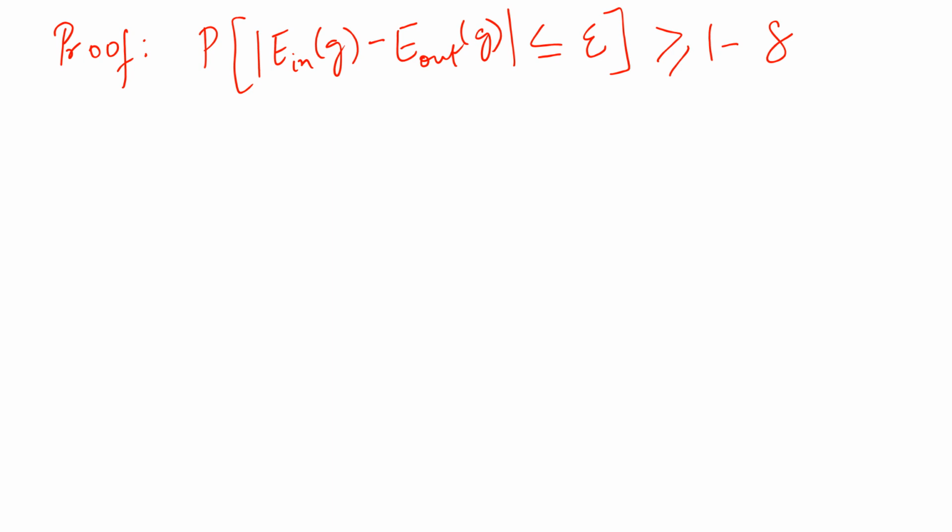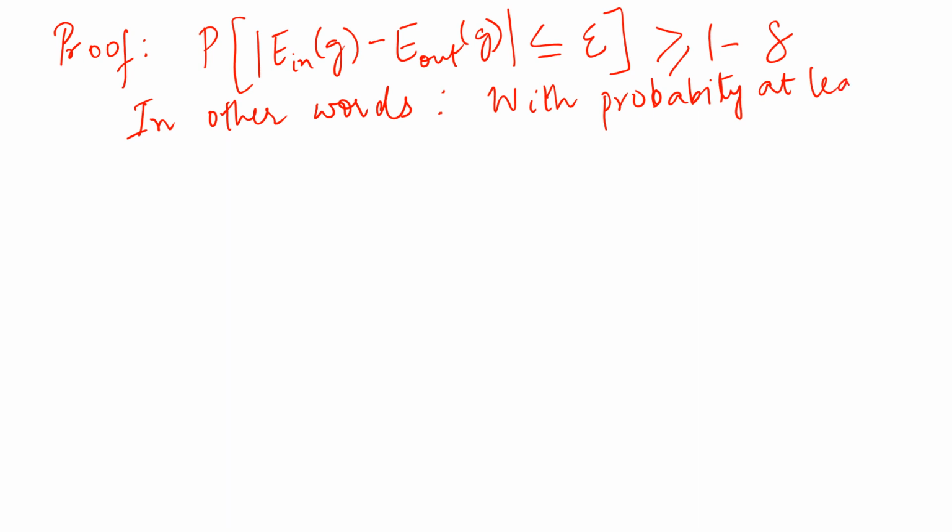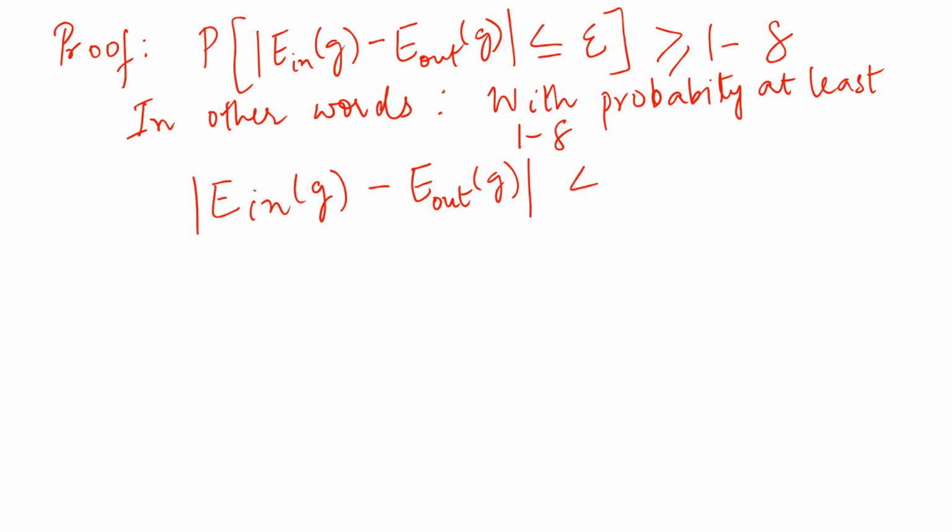In other words, I can write that with probability at least 1 minus delta, and this at least is coming from this greater than or equal to sign, we can say that the absolute difference of E in of g minus E out of g is less than or equal to my epsilon, which again, a reminder, epsilon is nothing but the tolerance level that I will decide for my learning problem.